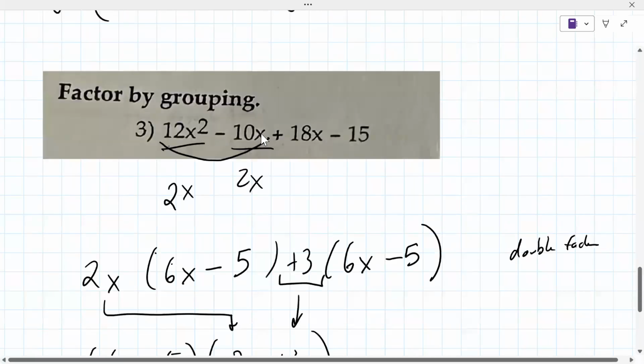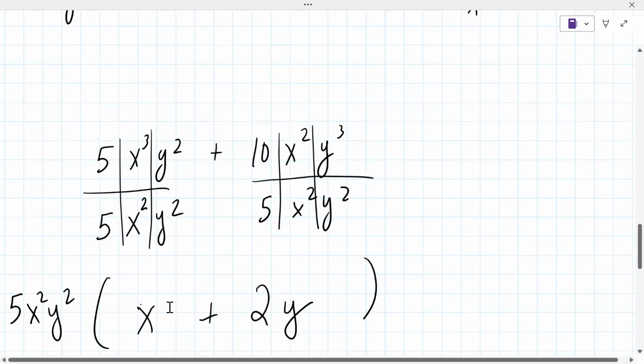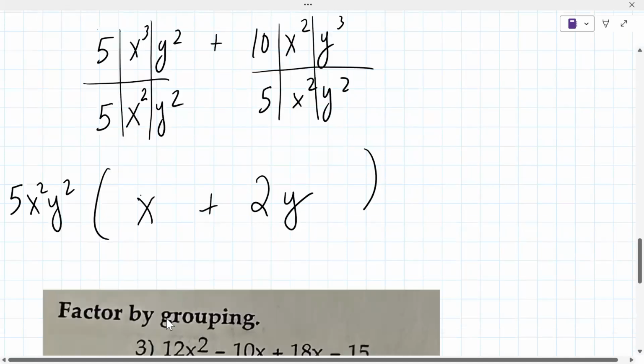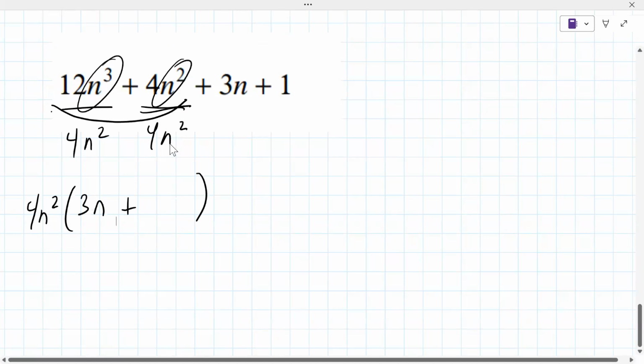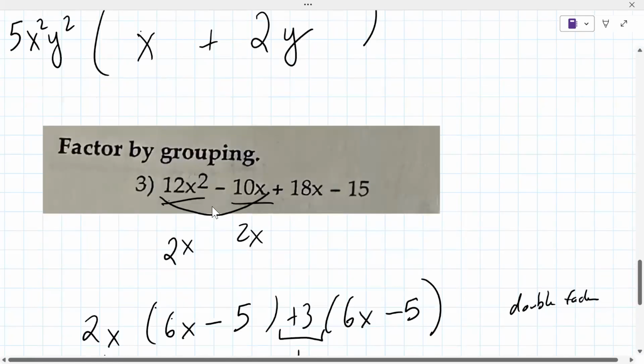You had x squared over x squared. What did that become? 1. y squared over y squared, what did that become? It would just be 1. Look, you have to look back to previous problems. They're not any different.